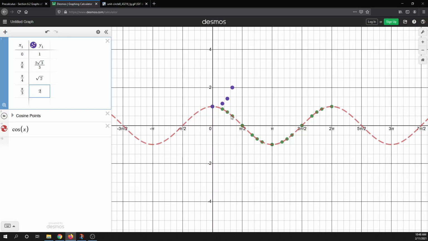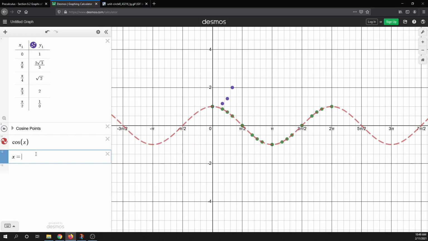All right, next one is pi over 3, or pi over 2 rather. At pi over 2, the value of the cosine is 0, so the value of the secant would be 1 over 0, which is undefined. So what will end up happening here is that the secant will have a vertical asymptote at pi over 2.